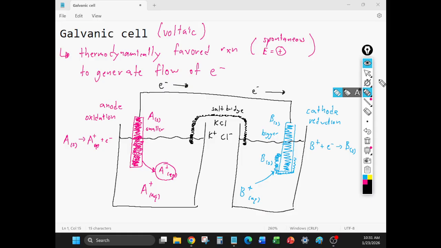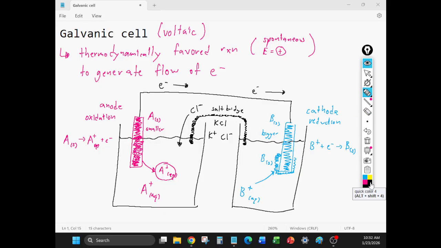And since this side gets really, really positive, to balance that out, all the Cl minus inside the salt bridge are going to start going into this solution right here to keep the positive and negative charge balanced out. Okay, so because it gets more positive because of the cations dissolving, the Cl minus is going to go into the anode.